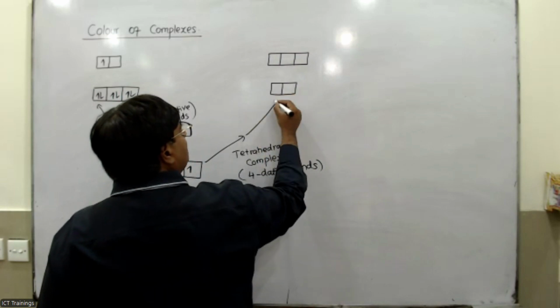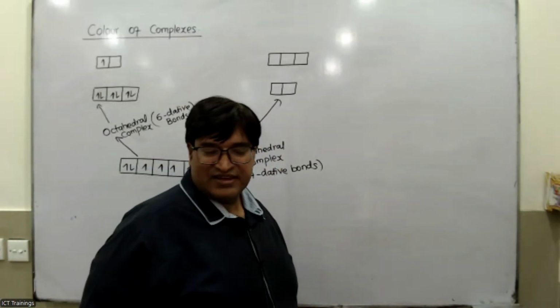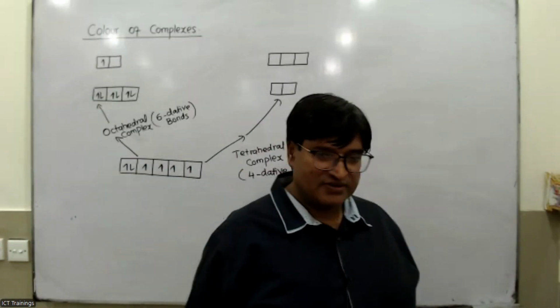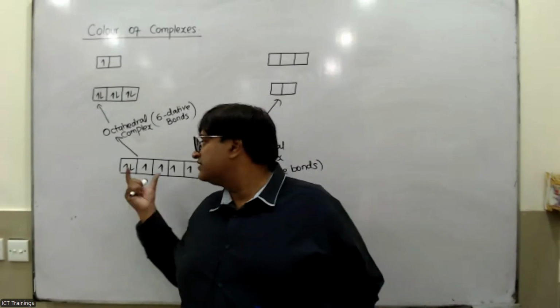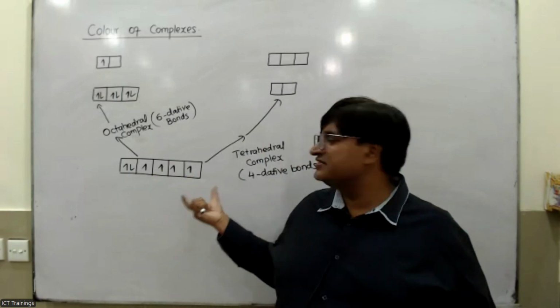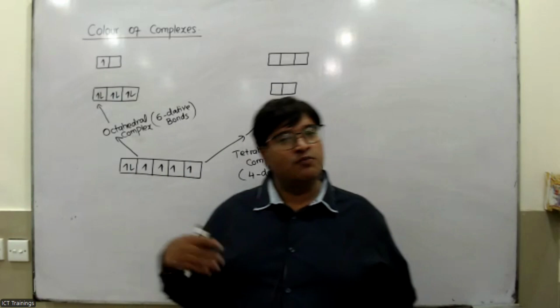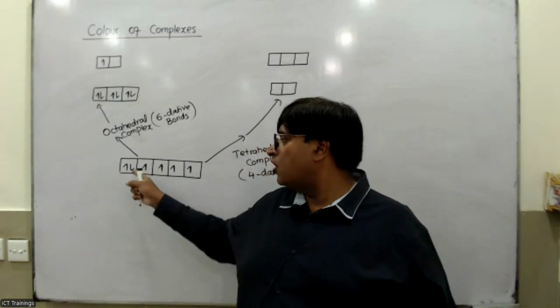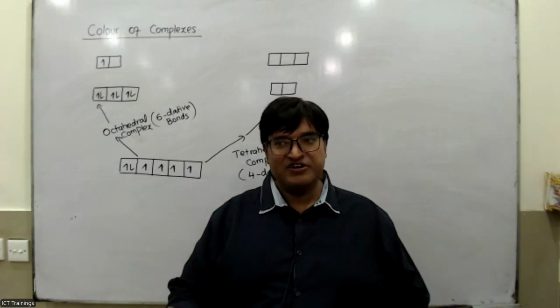In case of a tetrahedral complex, okay. Is it clear, my dear? Now listen to me again. Firstly, when the transition elements have not formed any complex, all the d orbitals are present at the same energy level, the first thing.